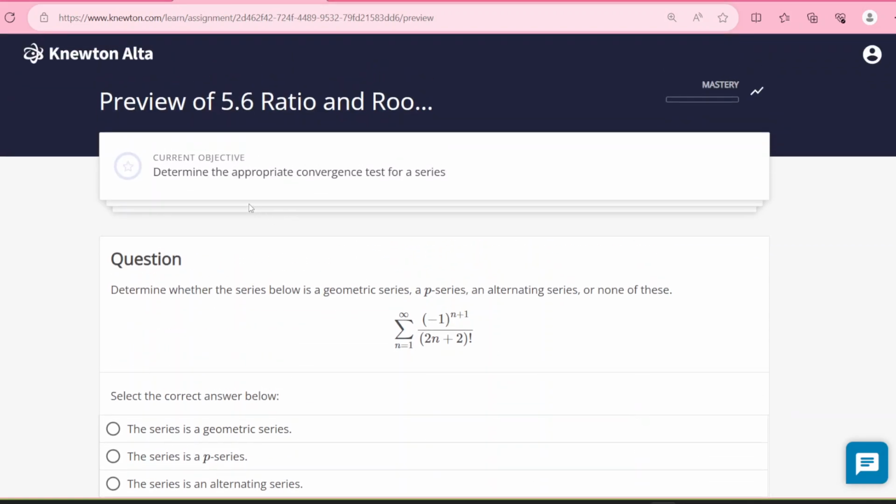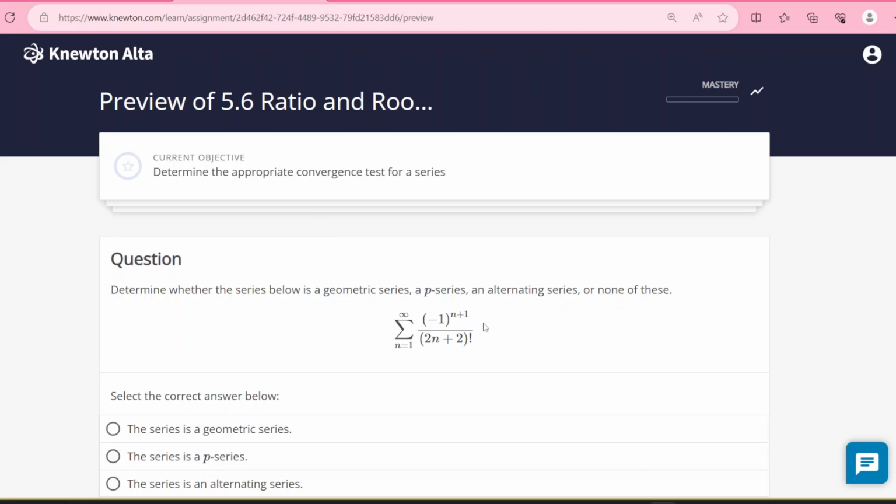So the first objective I'm seeing is determine the appropriate convergence test for a series. All right, so we've seen throughout the chapter 5 sections lots of convergence tests. The first one we saw was the divergence test.